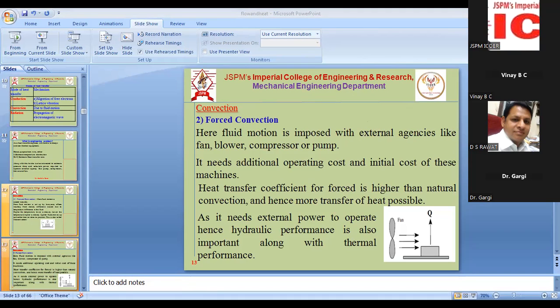In forced convection, we need extra energy and money for creating the motion of the fluid. So only go for forced convection if it is needed.